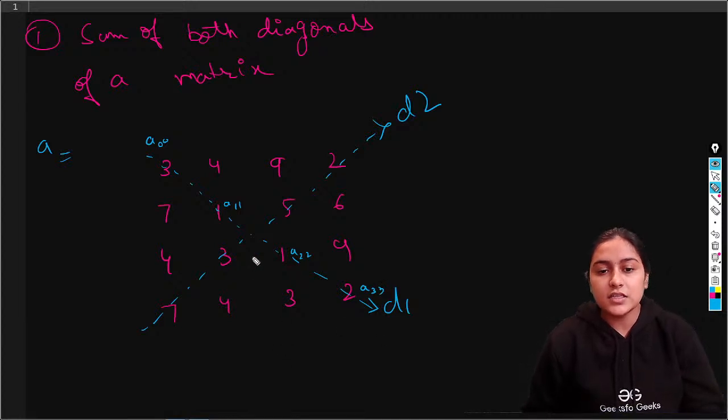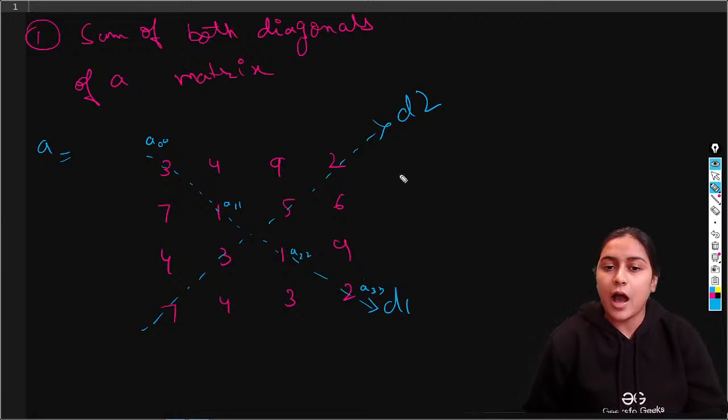So to find the elements, some people will run two loops, and first let me write this. A of 30, A of 2, 1, A of 2, 2.